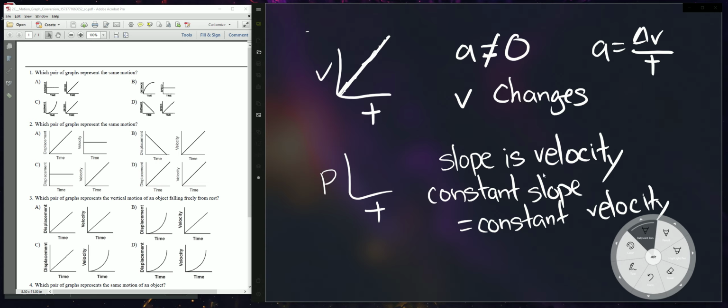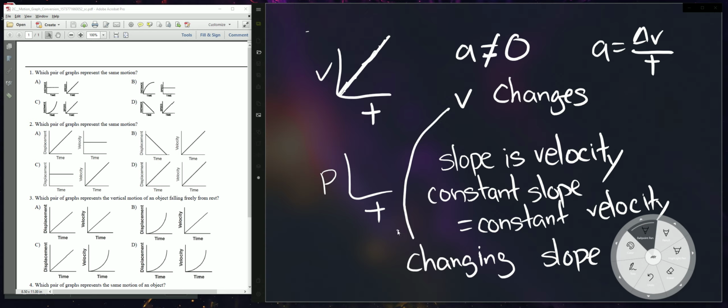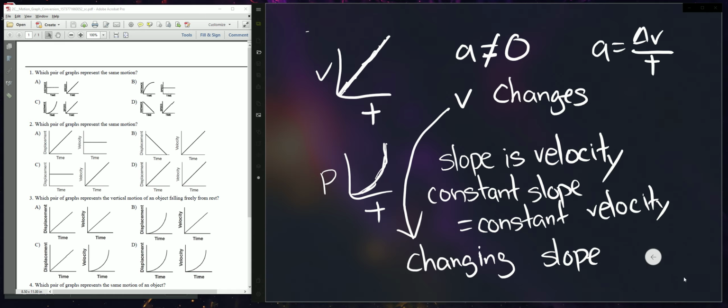We want a changing velocity, and so we want a changing slope, because our velocity changes. And so a changing slope would probably be this. It would be a curved line. Our slope is changing. And so the choice is B.